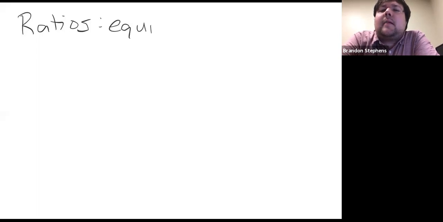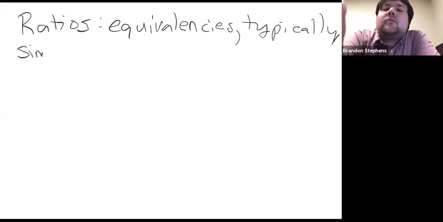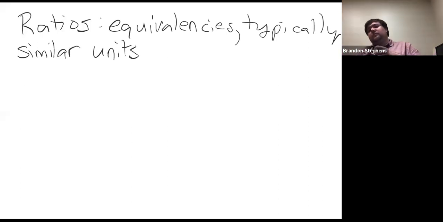Equivalencies, typically similar units. And a lot of times you can see this used really in solutions, right? Where you're putting two things together and seeing how they're going to combine together in one mix.